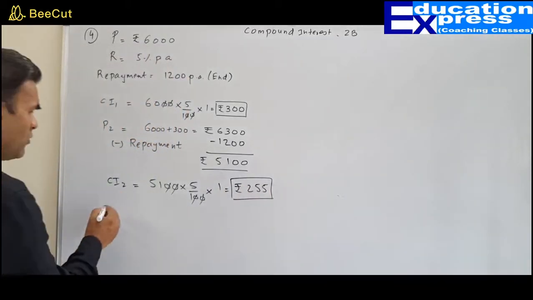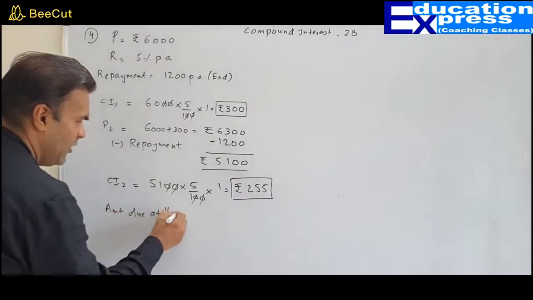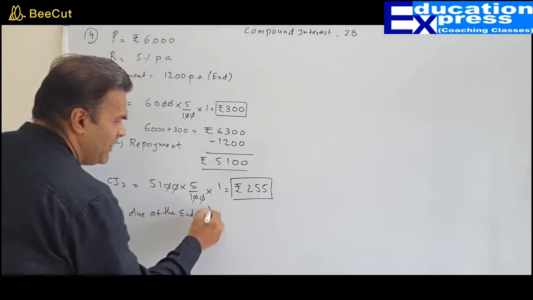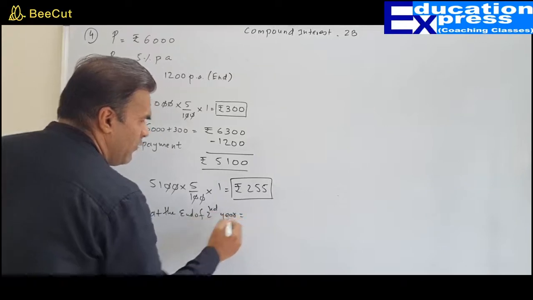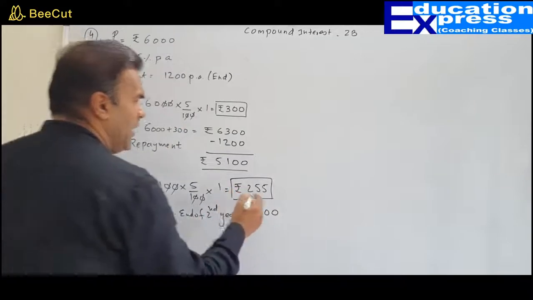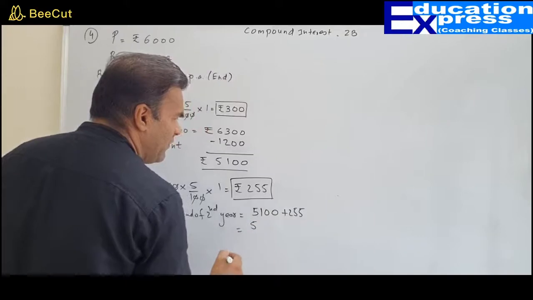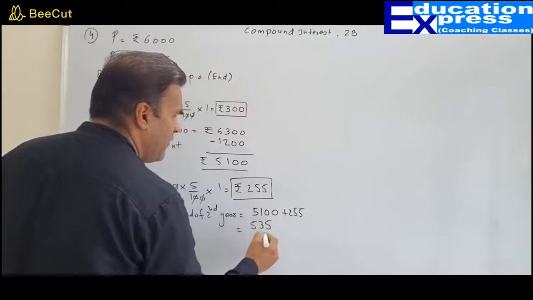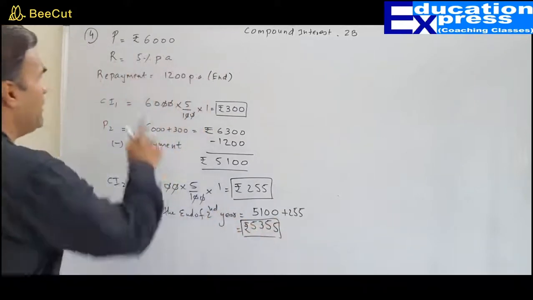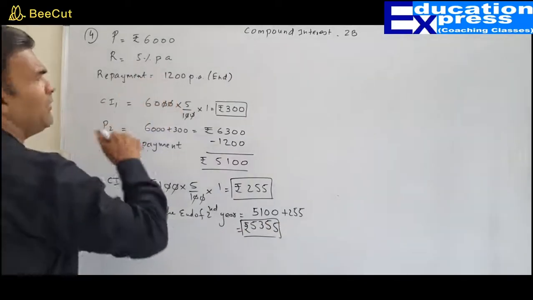So can we again work out the amount due at the end of second year? 5100 was due plus 255, so that will give me rupees 5355. But don't you remember the repayment clause? Yes, sir. How much is the amount of repayment? 1200.